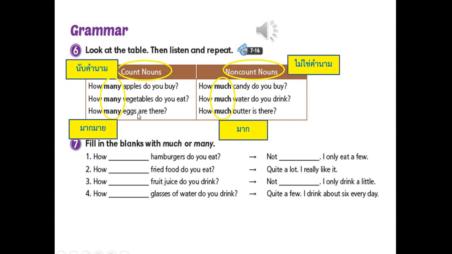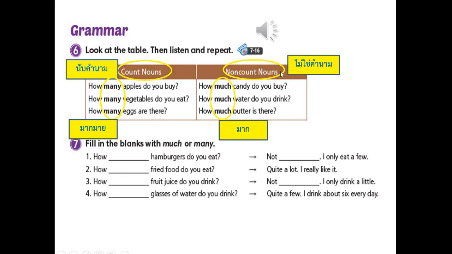Next, how many eggs are there? So we have our keyword eggs. So the same with apples and vegetables, eggs has also S on the last part. Alright, so let's move on to the non-count.